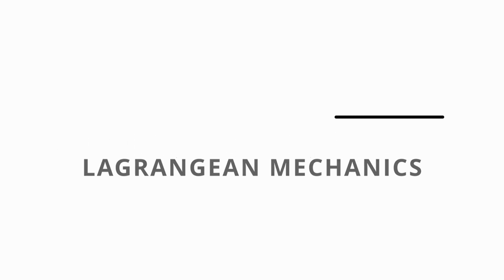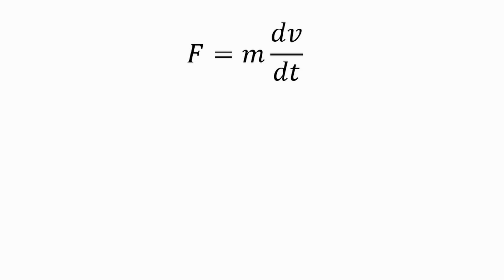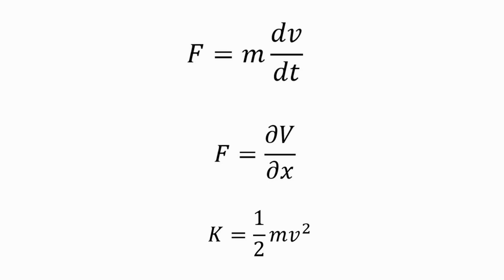Newton's second law states that the force potential is defined as, the kinetic energy is defined as, our objective is to find a formulation in terms of Newton's second law using the variables position and velocity instead of position and time.